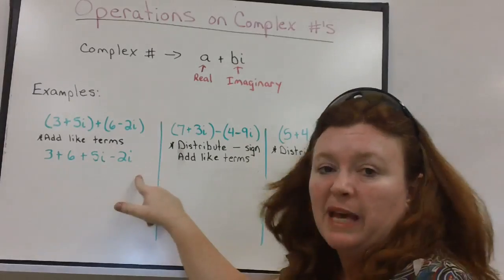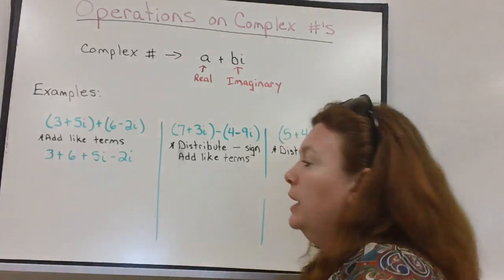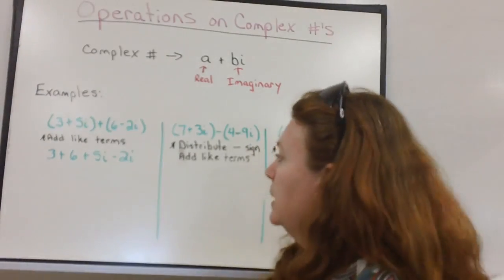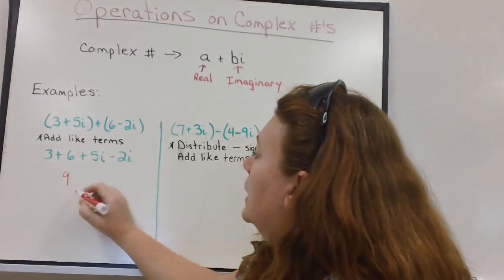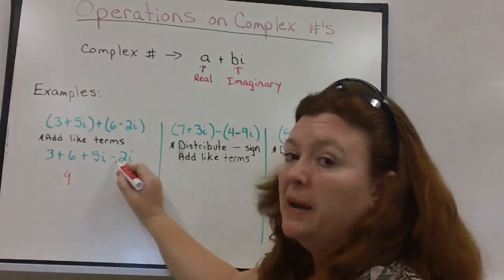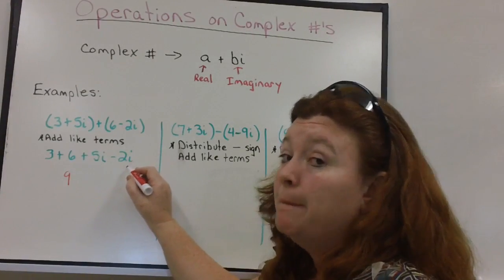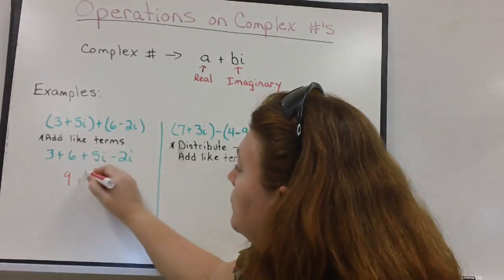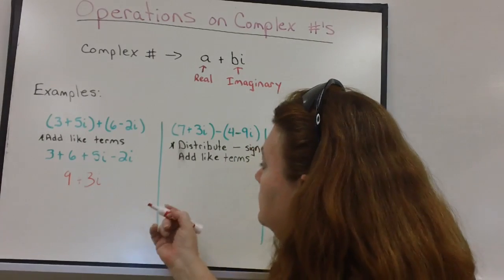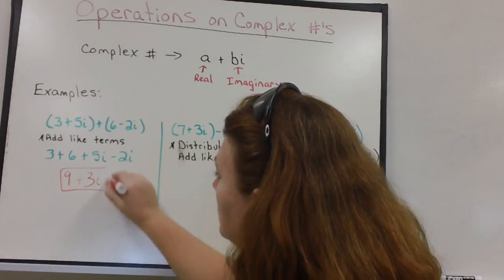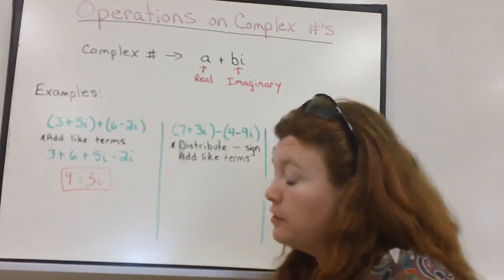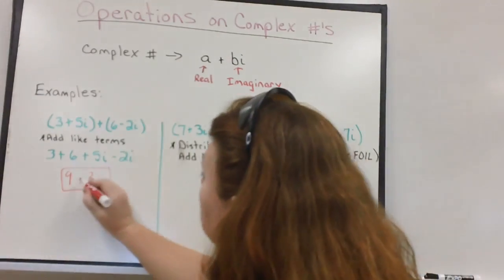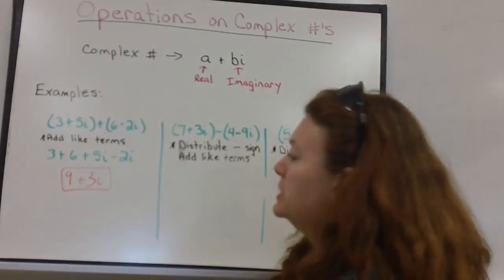So I just wrote them in that order. You don't have to do this if you don't want. I did it to help you see. The 3 plus the 6 gives me 9. And the 5i minus the 2i gives me a positive 3i. So there's my answer. I cannot put these together and get 12i because they are not like terms, so I am done.